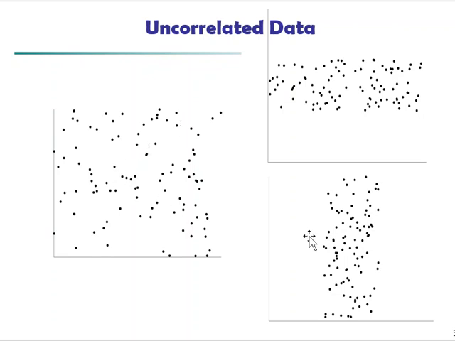So those 3 examples show uncorrelated data, where the x and y axes are not linearly or in any other way correlated. Okay, this concludes this little video.